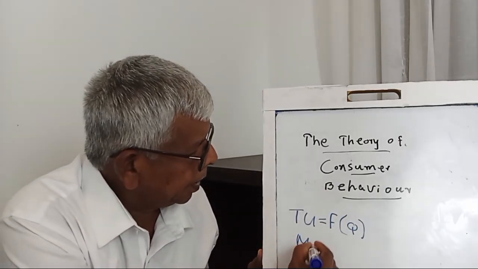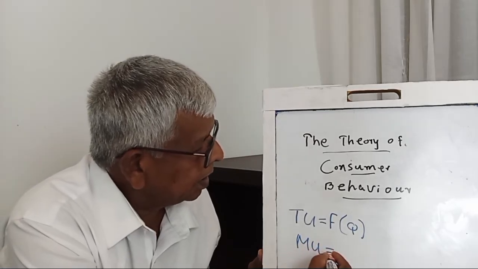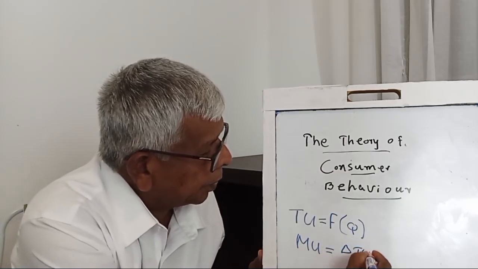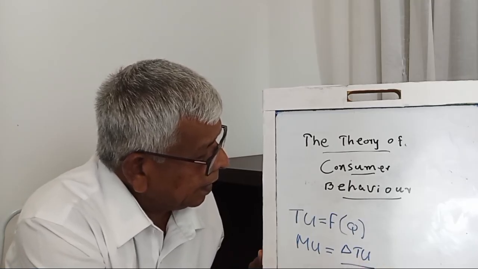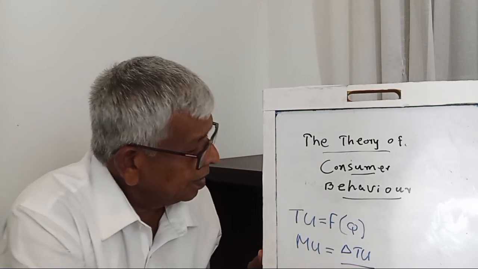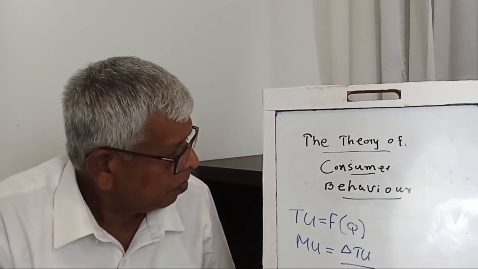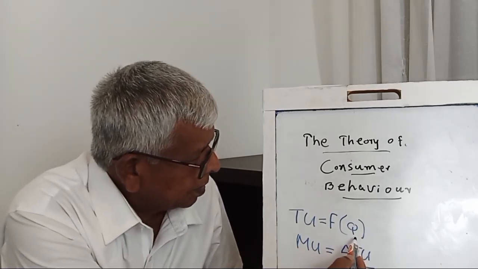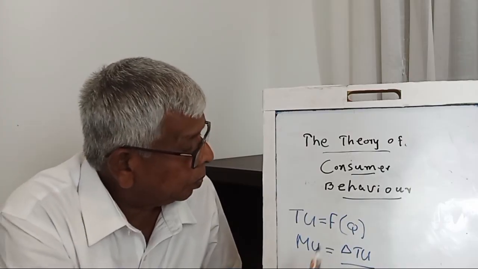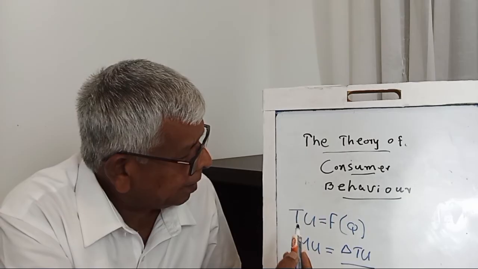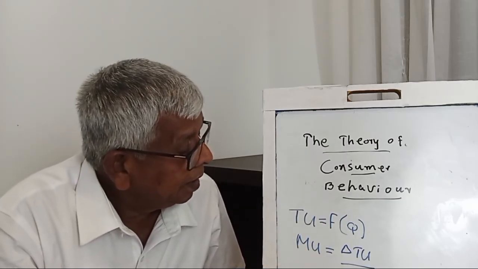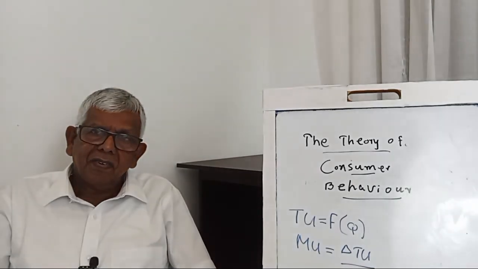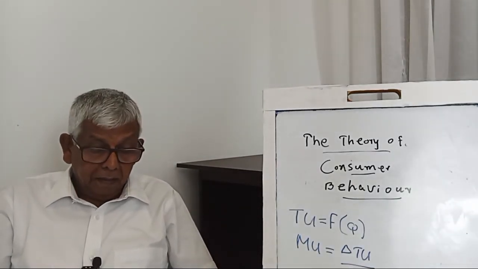The marginal utility equals delta TU, total utility, divided by delta Q. Total utility equals a function of the consumer's consumption units, Q, and MU, marginal utility, equals delta TU over delta Q. Okay, it is very important. Today my lesson is over.